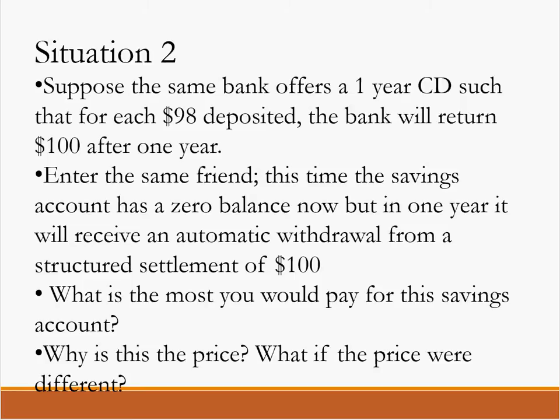Similarly, if we offer Bob $97, we get in a similar problem, but it's a little different in character. So if we offer Bob $97, he says, sure, I'll take it. And then we do something interesting.